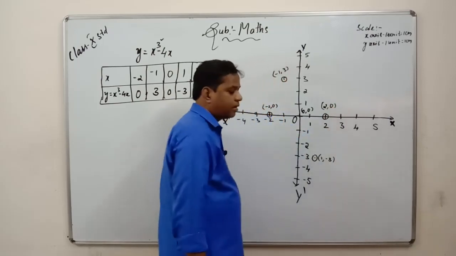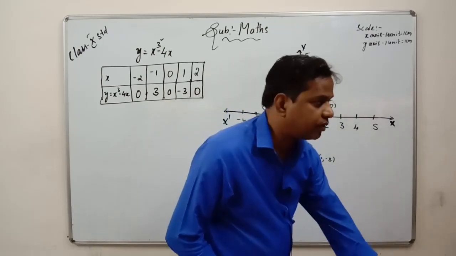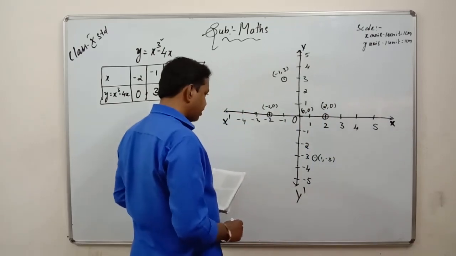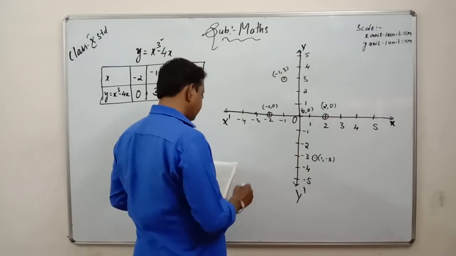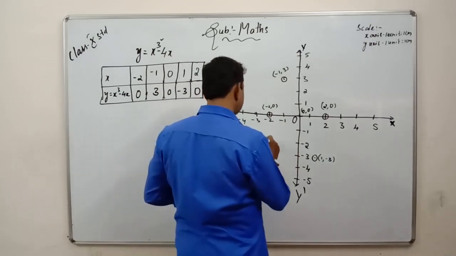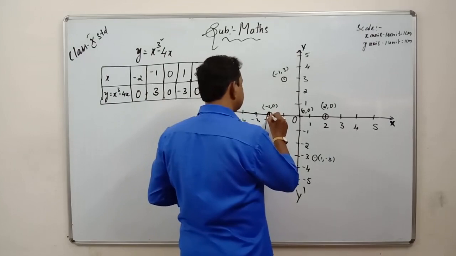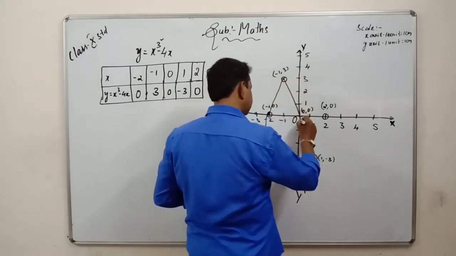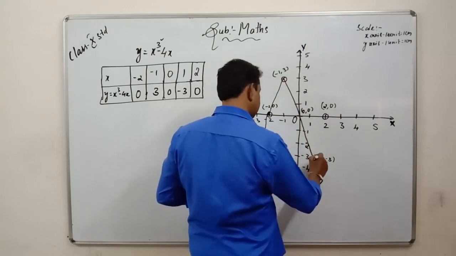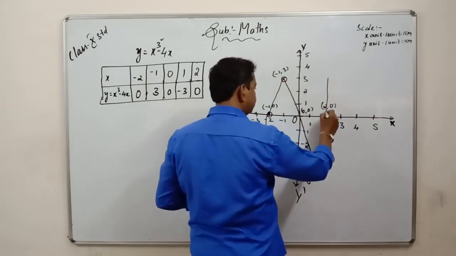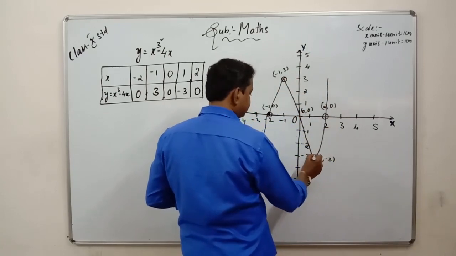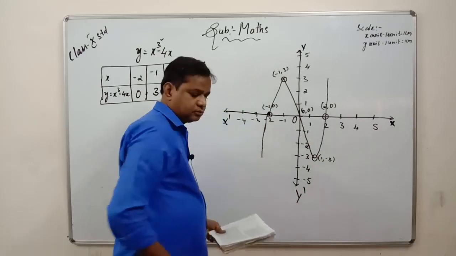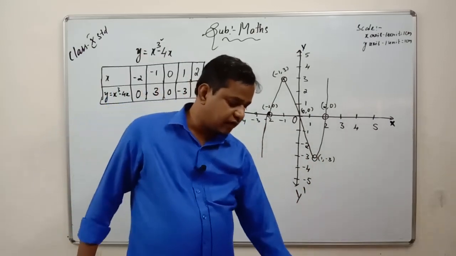So now draw how the figure you will get here. See, I will draw it in this way so that it will be very clear for you. So you'll get the graph in this way.